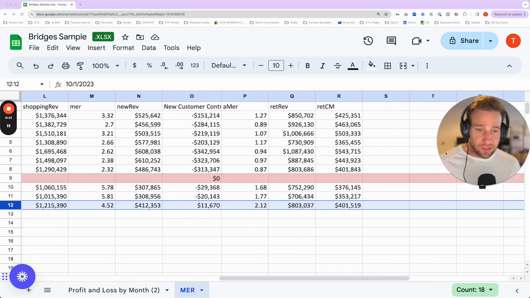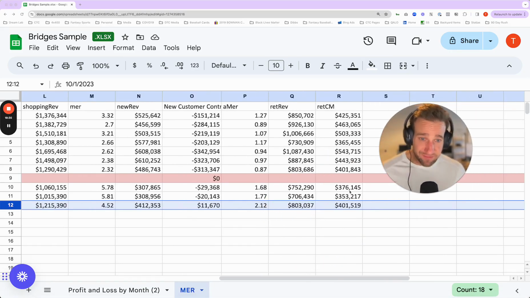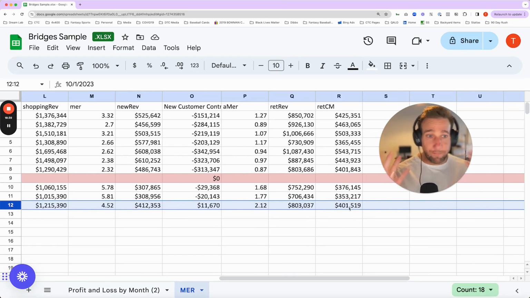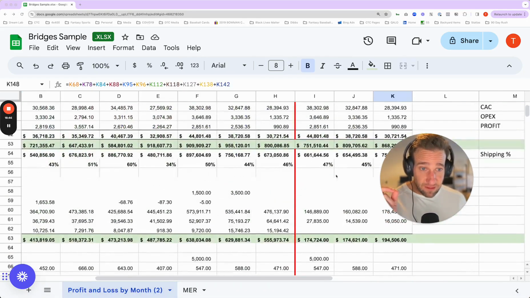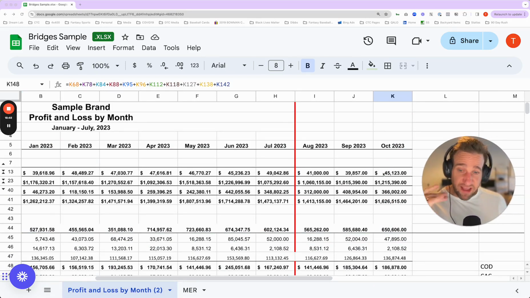I know my returning customers because we're going to build an LTV-specific, or cohort-specific, LTV model to forecast where I'm going to get here. We're going to get to about $400,000 in contribution margin. I know I have coming about $45,000 in Amazon revenue and about $350,000 in wholesale business. I know those numbers.